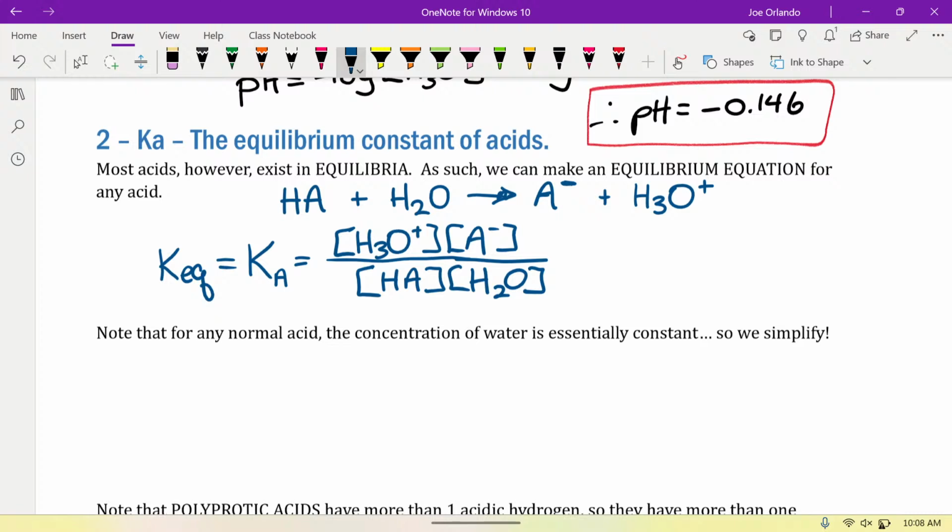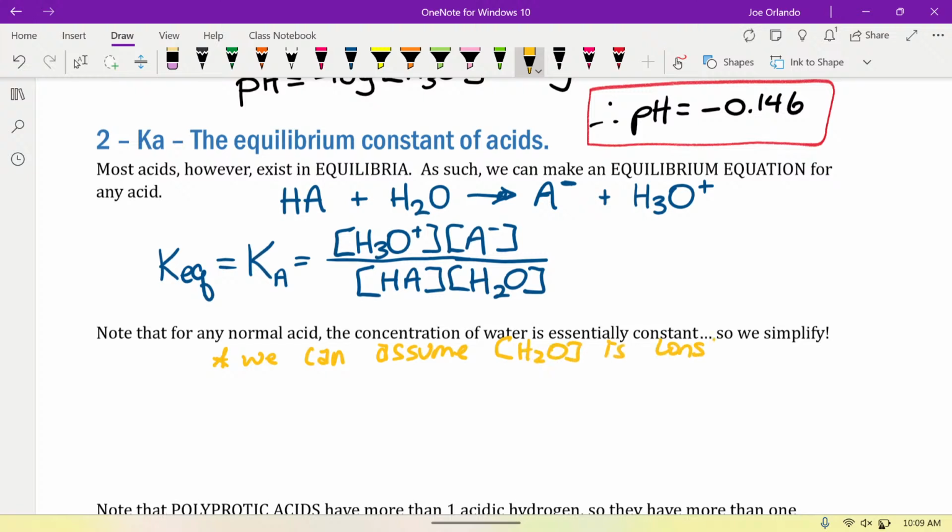Does that make sense? So 40 grams out of 1,000 grams. In other words, in 2 sig fig land and 3 sig fig land, this number basically doesn't change. Does that make sense? And so we actually go ahead and assume that the concentration of water is basically constant. Even though it does change, it changes way on the margins. Does that make sense? So we can assume that the concentration of water is constant.